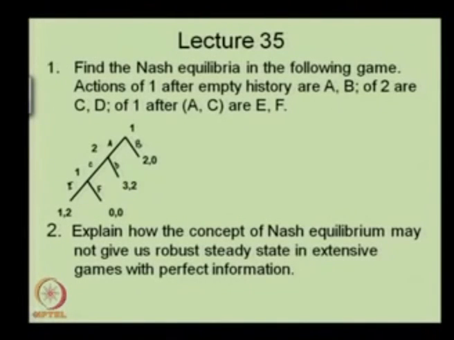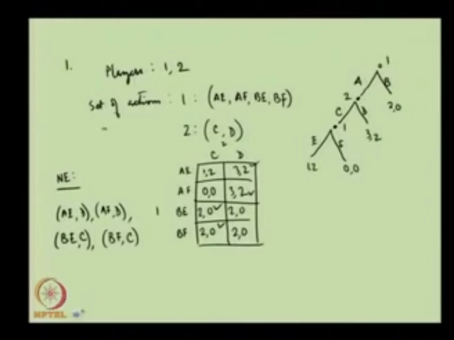Explain how the concept of Nash equilibrium may not give us a robust steady state in extensive games with perfect information. To show this, let us take the example of this game itself, the game in exercise 1, and let us look at a particular Nash equilibrium, suppose BFC.